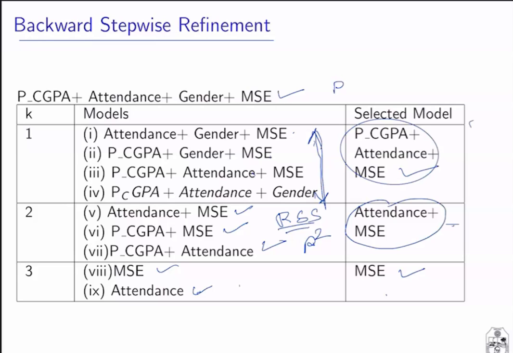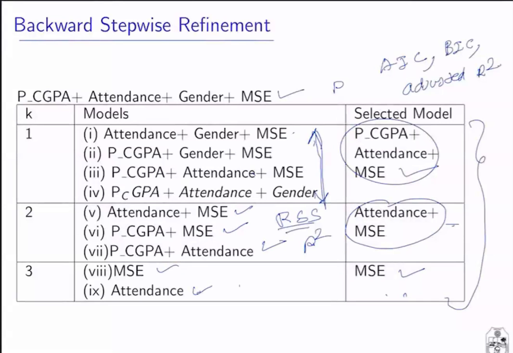Once you have these three models, you will use a criterion to select one model out of the three. The criterion that you are going to use is AIC, BIC, or adjusted R square. By applying this criterion, you are going to select one model out of these.